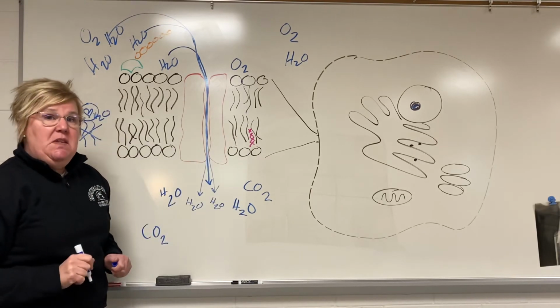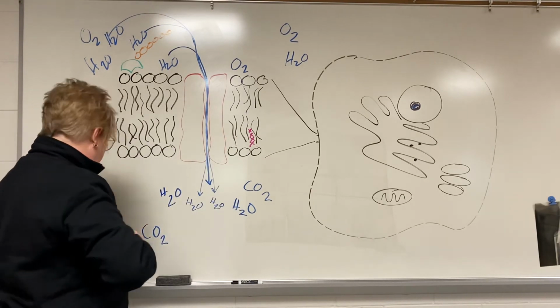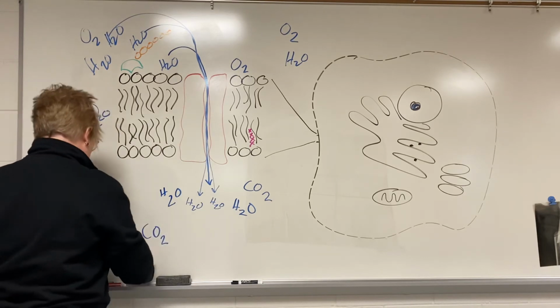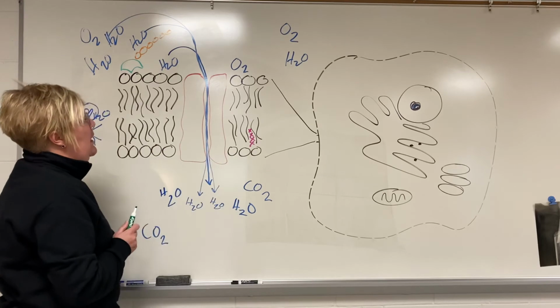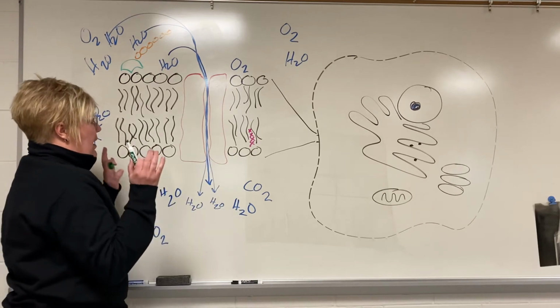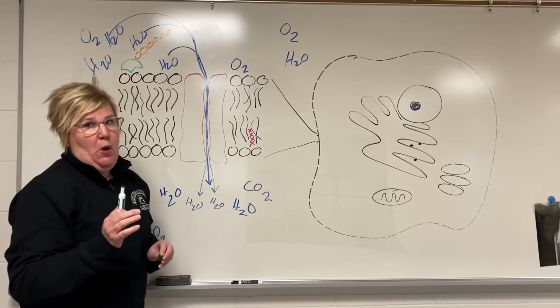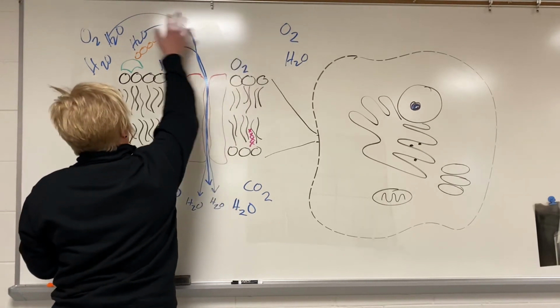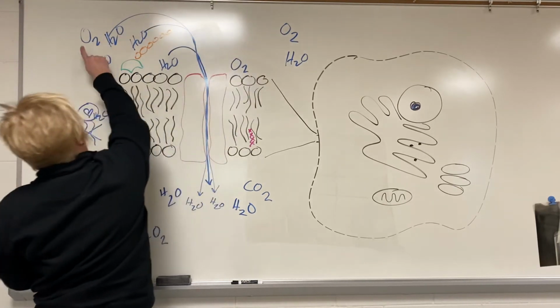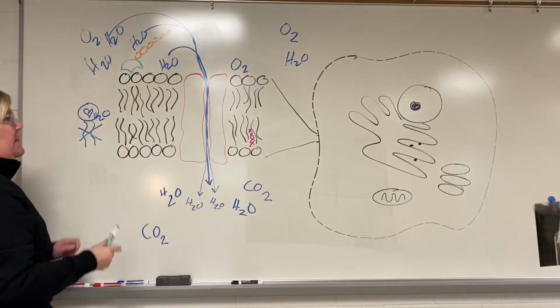So in the case of this cell, now let's talk about diffusion. I'll do green, so it stands out a little bit different. Diffusion is really important because that's how oxygen gets into your cells. So this cell has 2 oxygen molecules on the outside and none on the inside.